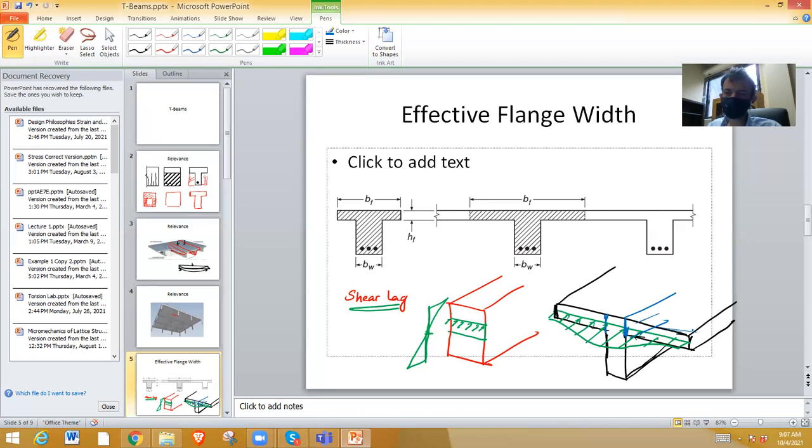This is the one transferring the shear to the ends. But there is a lag here, and one way to imagine it is, you have a long set of beams.